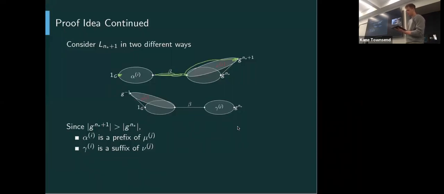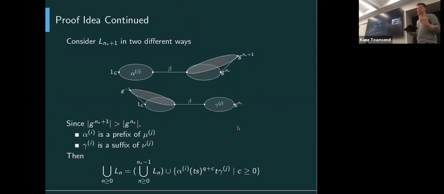And the same goes for the other side. Since the size has increased, we can see that all these geodesics, these alpha i's, are a prefix for mu j, and all the gamma i's are a suffix for mu j.